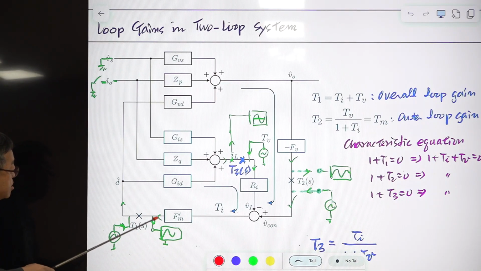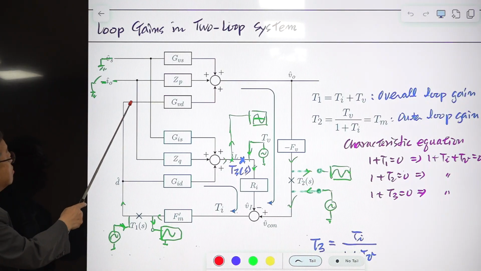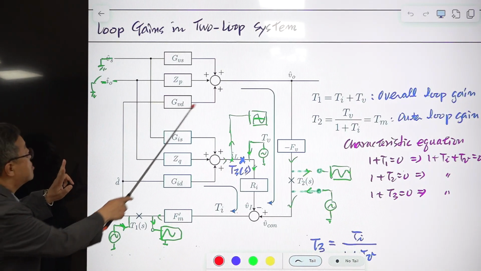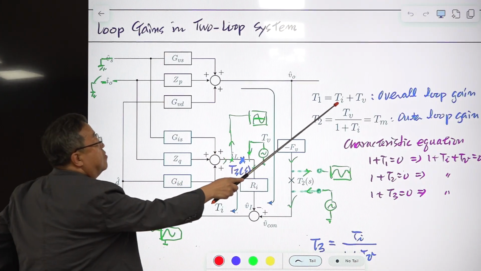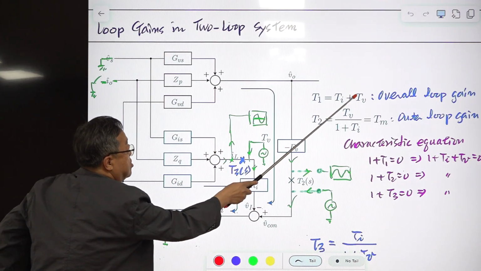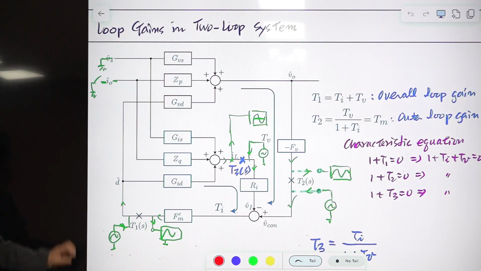This is the input, this is the output. Then there is one forward path, two forward paths. One is this, and the other is this. So in the numerator, it is Ti plus Tb, current loop and voltage loop.